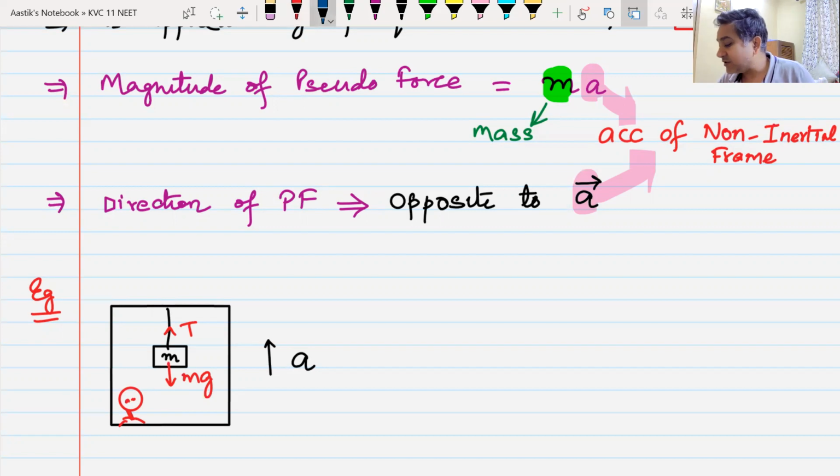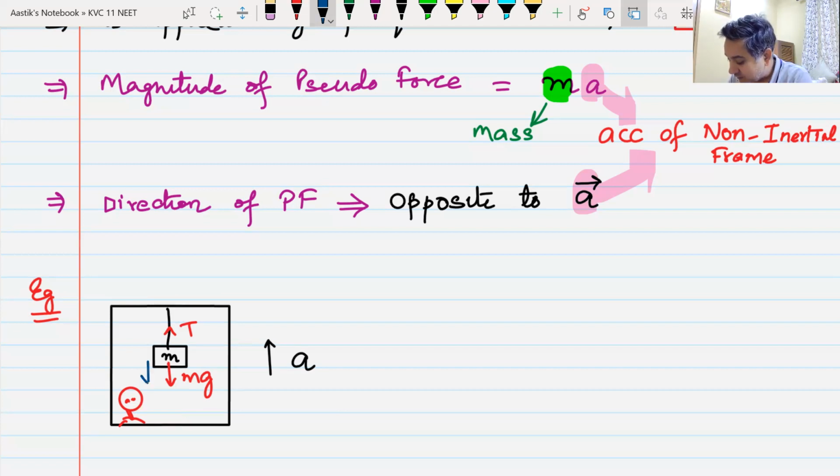What will be the direction of that imaginary force on this body? Lift is moving upwards, so the direction of pseudo force is downwards.